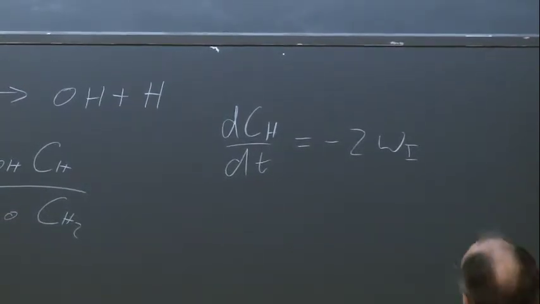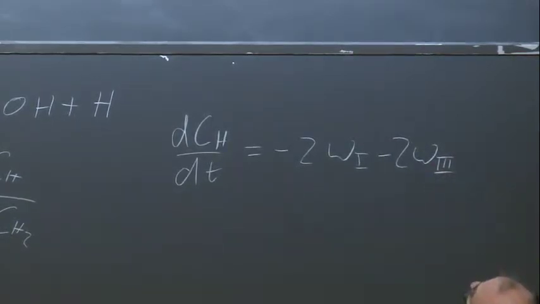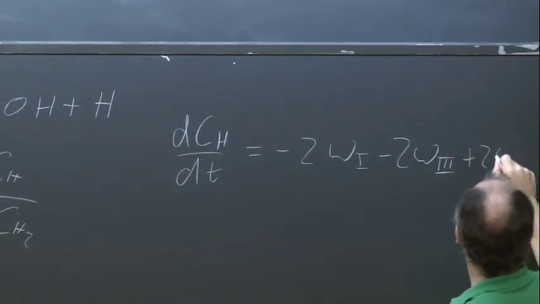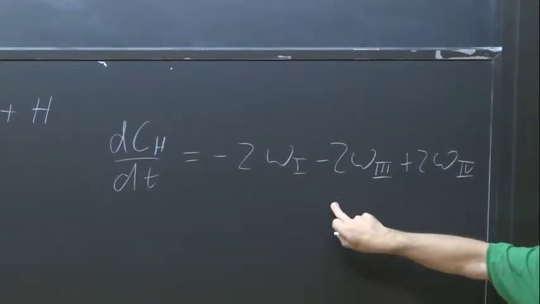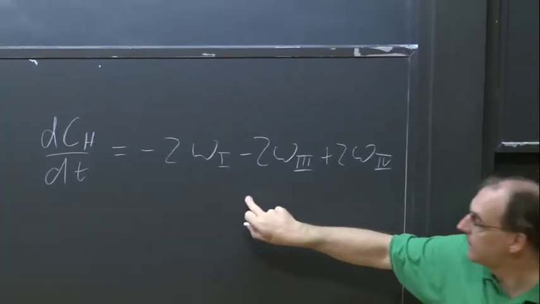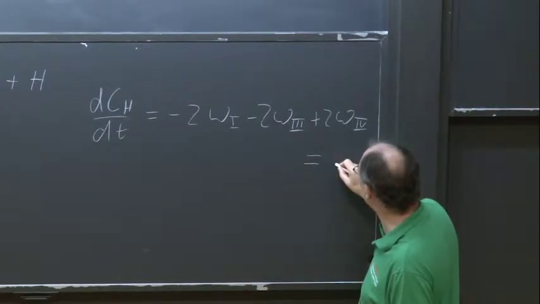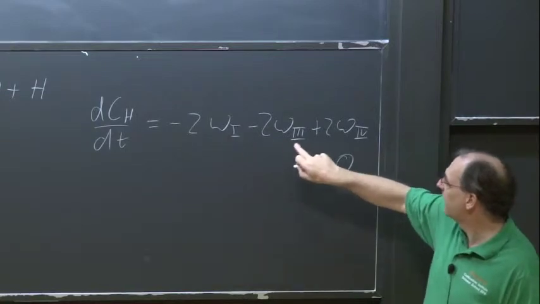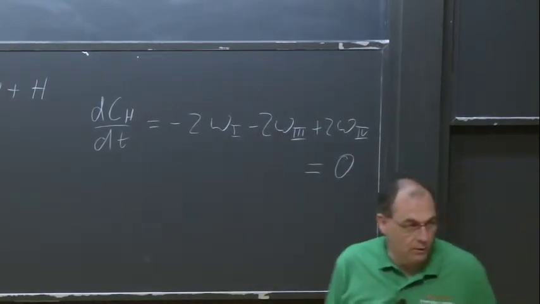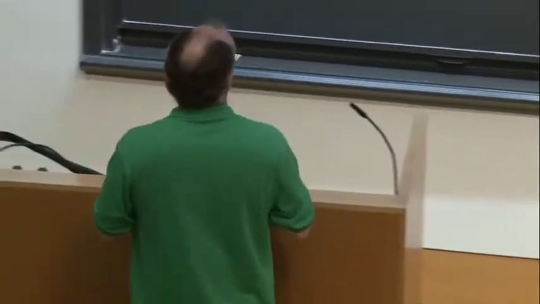Minus 2 omega 3, and then plus 2 omega 4. That's the rate of change of hydrogen. But now I want to set this to steady state, meaning this has to be 0. So now this is equal to 0, which means I have an analytic equation that includes the hydrogen radical, which I can solve for the concentration of hydrogen. Okay, so that's done here.